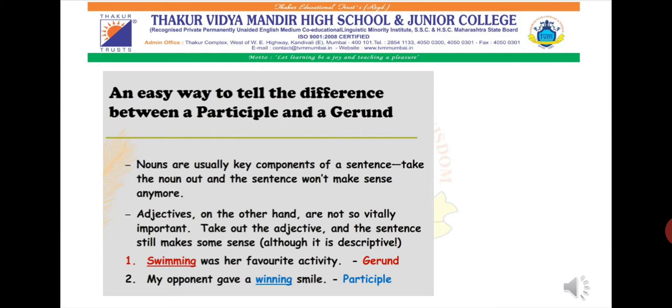We see that the verb of a participle is an adjective, a verbal adjective. So even if you remove that adjective, that sentence still makes sense. But in a gerund, if we remove that noun, we see that that particular sentence won't make sense at all.